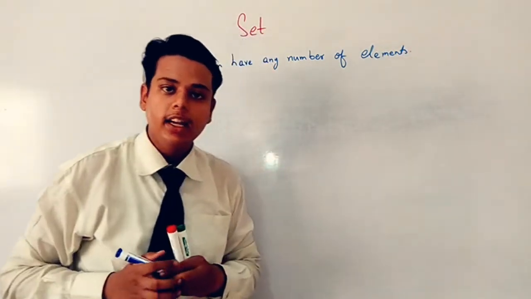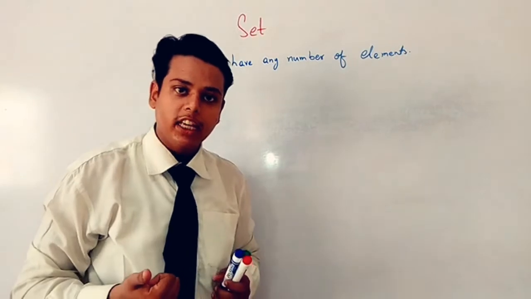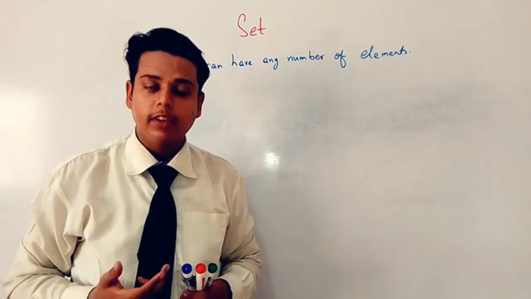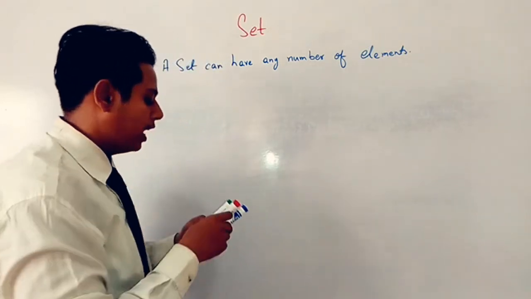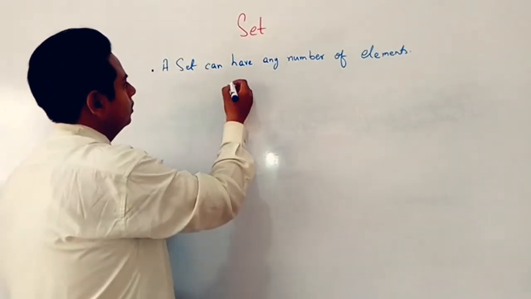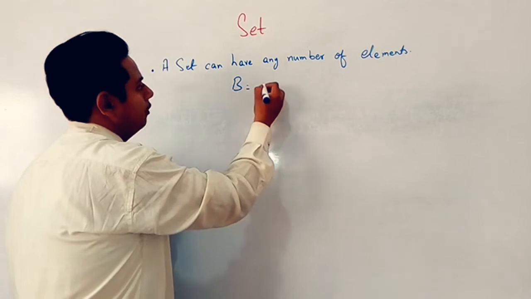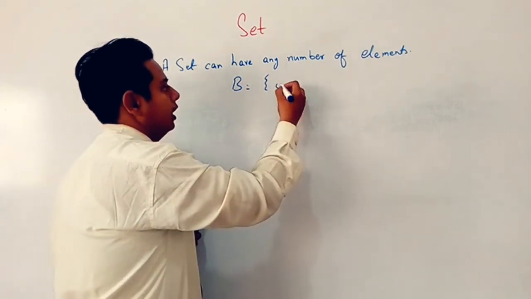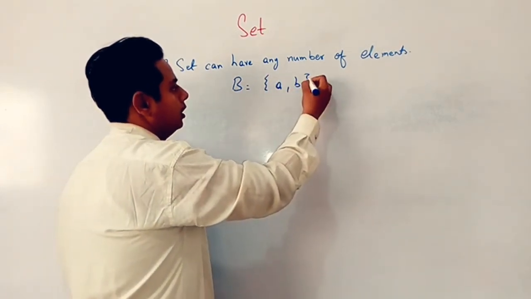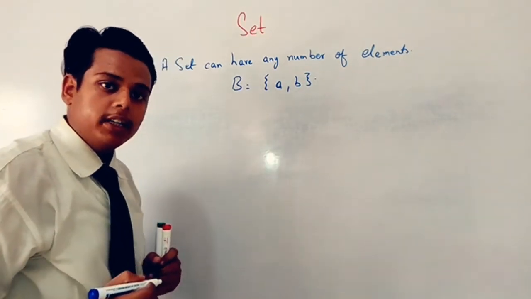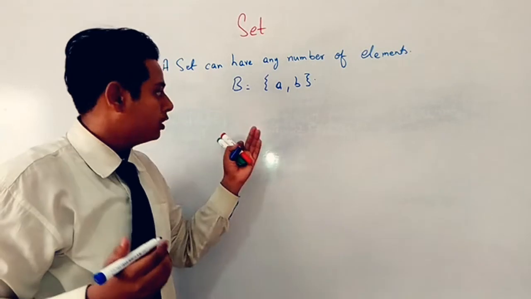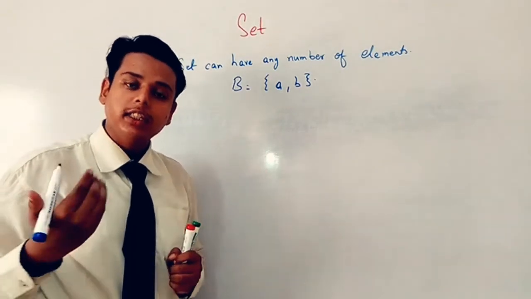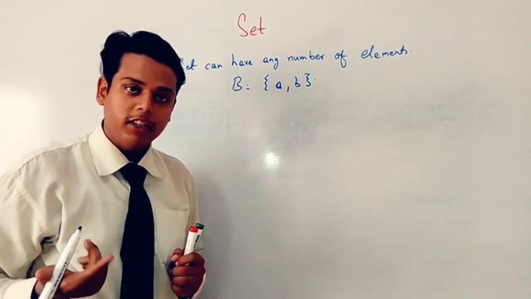Means in a set we can have one element, 10 elements, and infinite elements as well. Let's suppose we have a set B in which just two elements are there, A and B. But somehow we can have more elements as well. Some sets have a lot of elements.